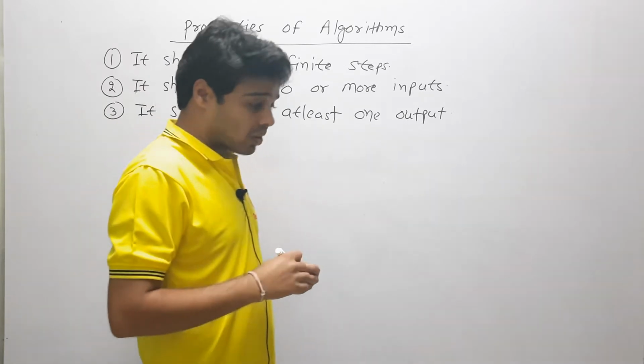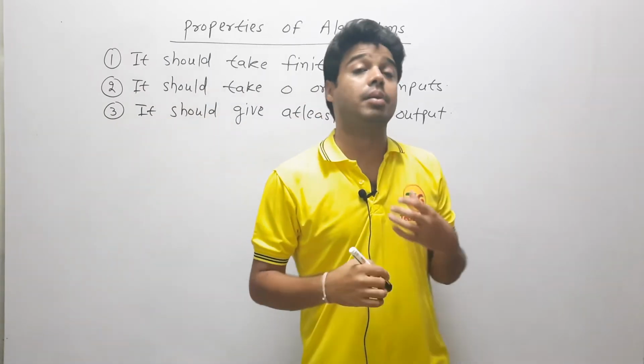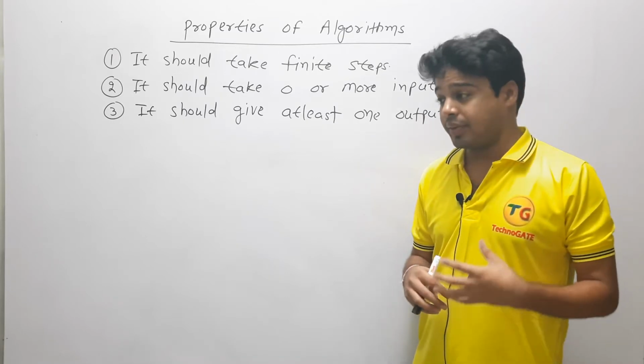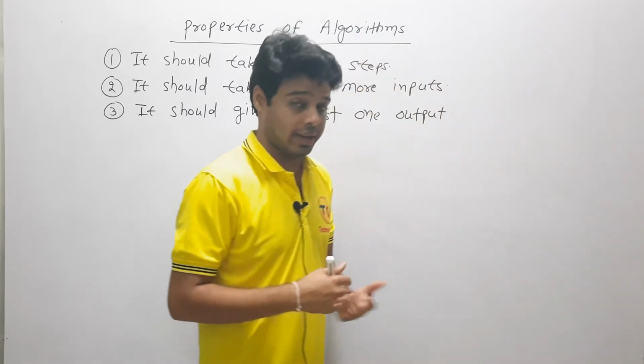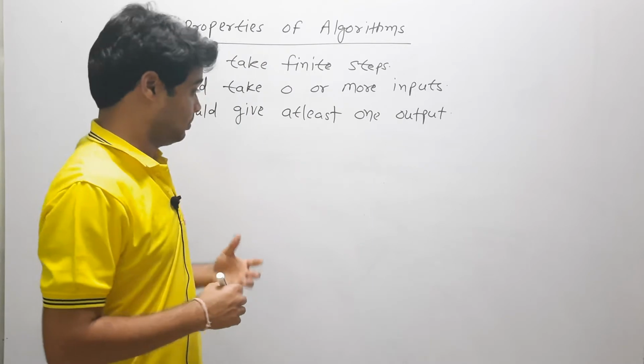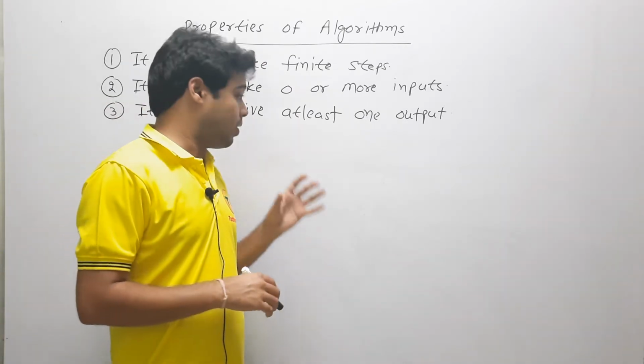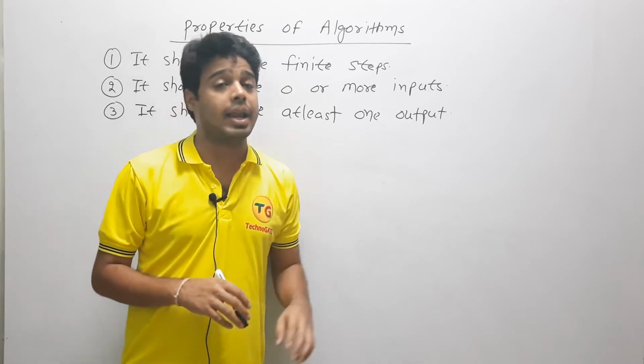And the fourth important property is it should be deterministic and definite. What is the meaning of deterministic, or what is the meaning of definite? Definite means for every input we always get the same output at any point of time.